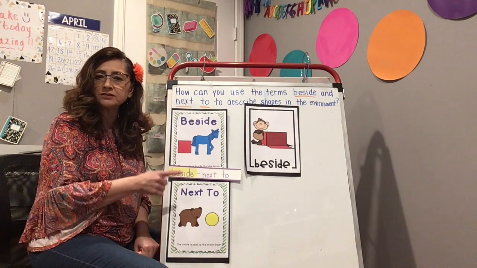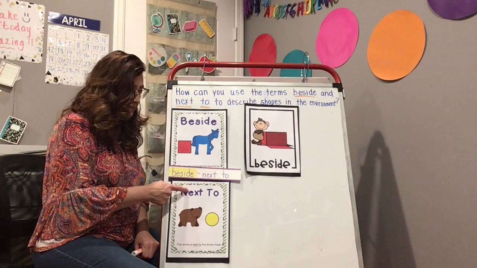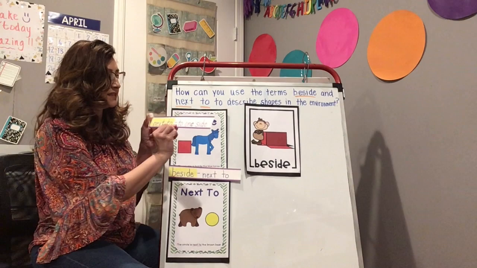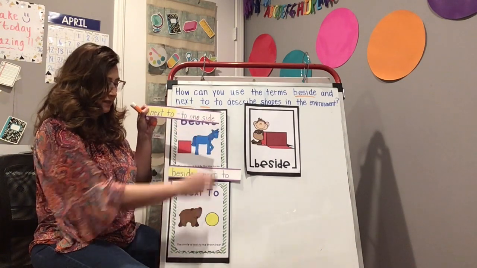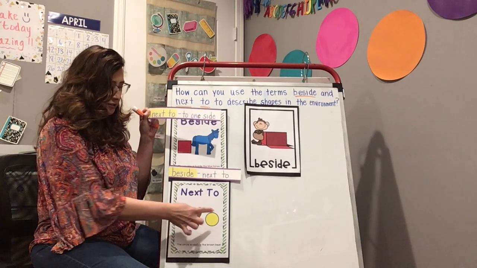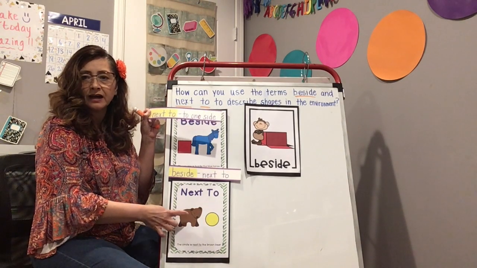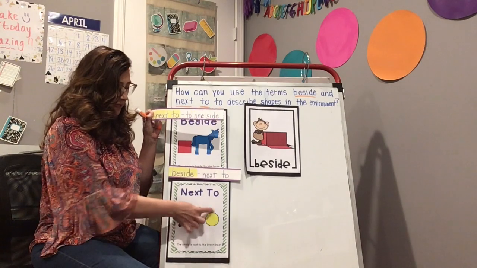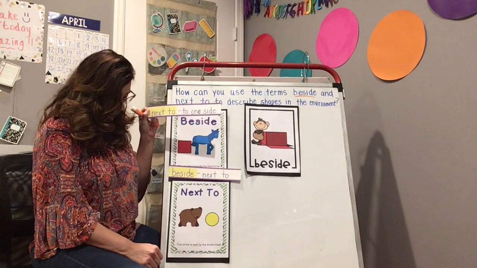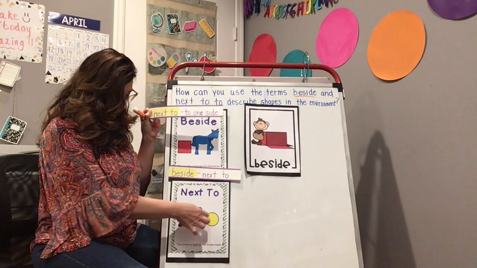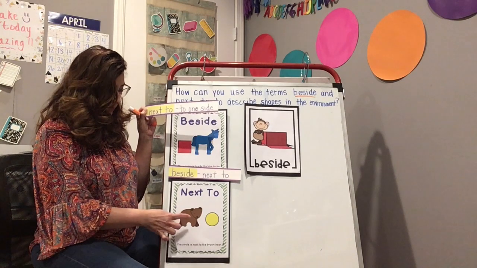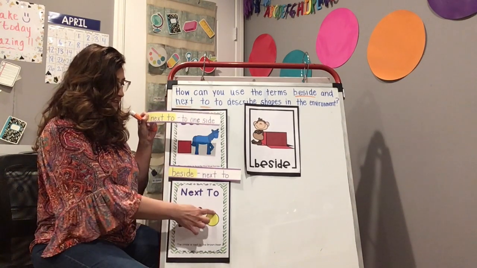And when we want to look at the words or phrases next to, if we wanted a definition for that, we can say to one side. So we can see that the yellow circle is to one side of the bear. So we could say the yellow circle is next to the brown bear because it's to one side of it.